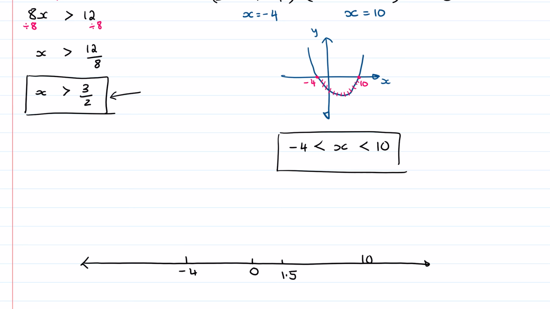The first inequality says that x is bigger than 1.5. So I start there, open circle with an arrow, not a closed circle, because a closed circle will suggest that there is an equal in the inequality. And then the other section, I go from minus 4 all the way to 10.